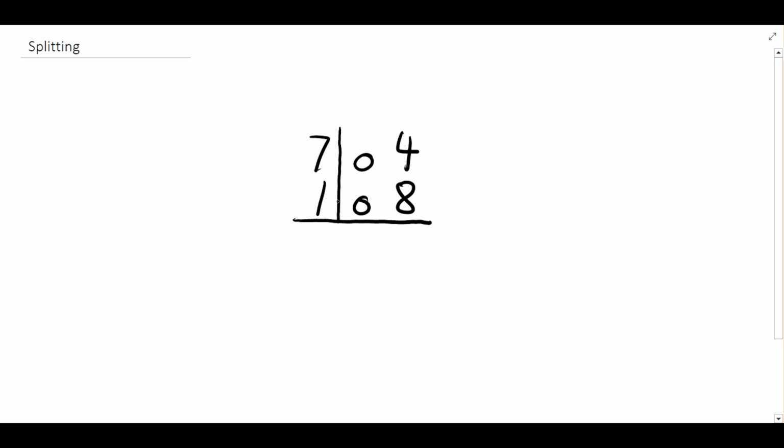Either you can group the right two digits, the ones and the tens digit, or you can group the hundreds and tens digit and keep the ones digit separate. I will show you both ways, but you can choose how to split depending on the question and whichever makes your calculation easier and faster.